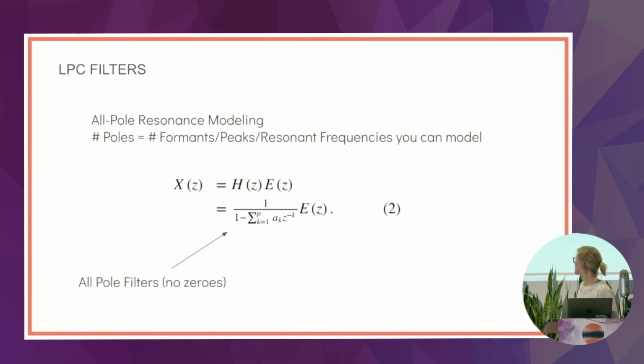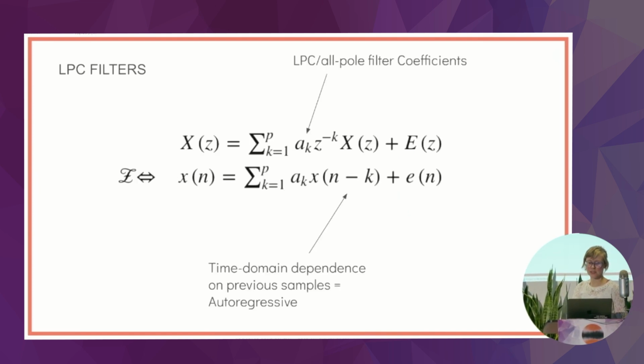then we can model that as this all-pole resonance model because it's more tractable. It's entirely autoregressive, and it's simpler to model than an FIR filter or a mixed ARMA filter. Rearranging this and converting it back into the time domain, we see that it's a set of coefficients acting on time delays of previous samples.